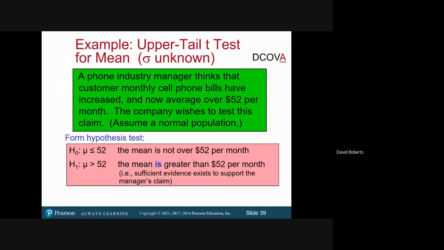So you're going to be given either H0 or H1. You are not always given H0, but in this case, the mean, and you can see they've got it highlighted, is greater than 52 or over 52. So that is H1, mean greater than 52. H0, the other pairing, is less than or equal to 52.